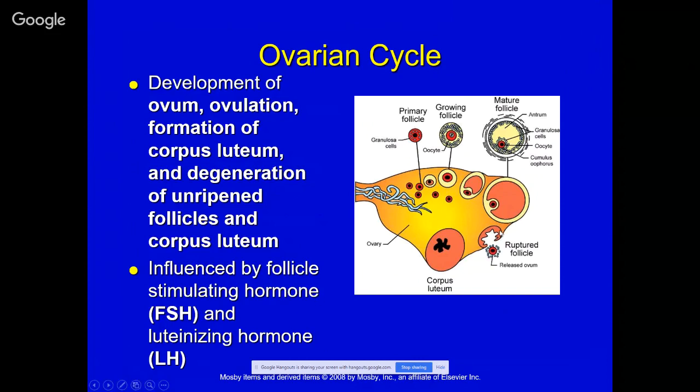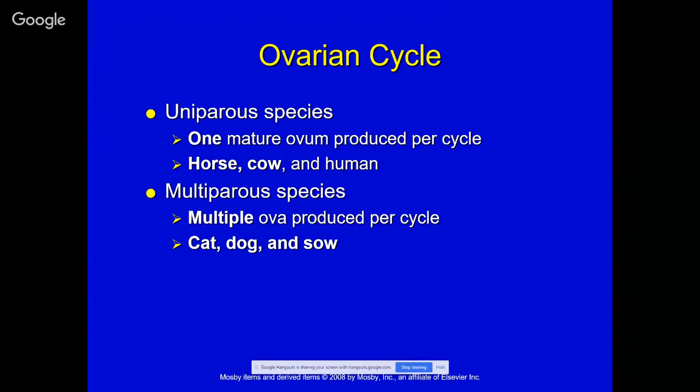And then it ruptures because of luteinizing hormone. After it ruptures, we get a corpus hemorrhagicum. It fills with blood, and then it turns into the corpus luteum, which will produce progesterone in order to support pregnancy.